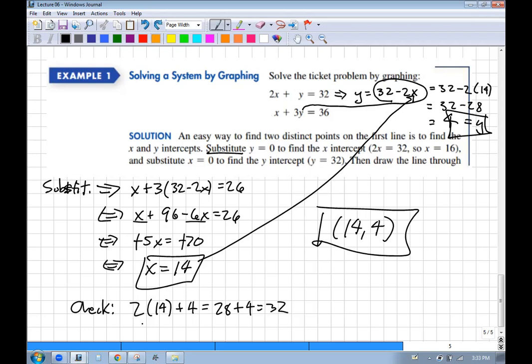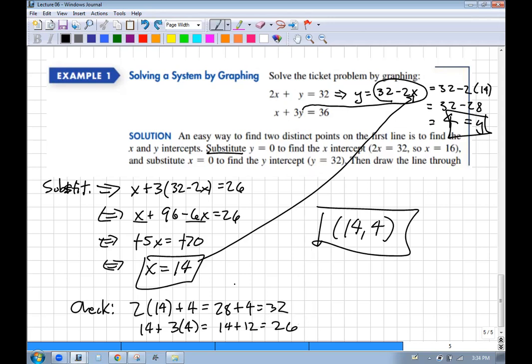If I replace the x with 14 and the y with 4, I get 14 plus 12, which is 26. Right. I'm supposed to get 36 here, right? 3 times 4 is 12. That's 26. I need to get 36.